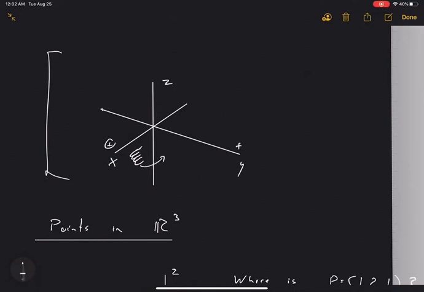Well, your thumb would have to be pointing upwards. So that means the positive direction of our z-axis should be going that way.